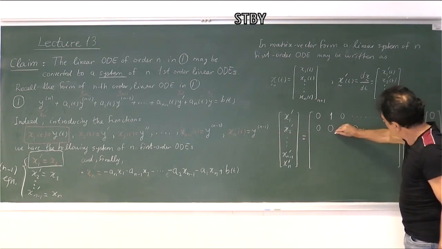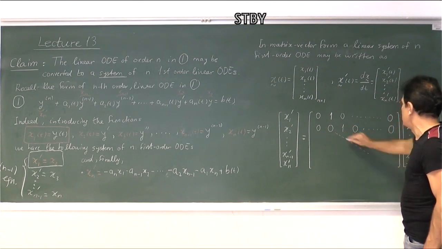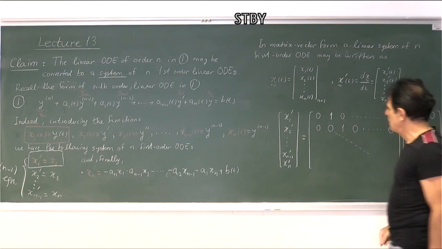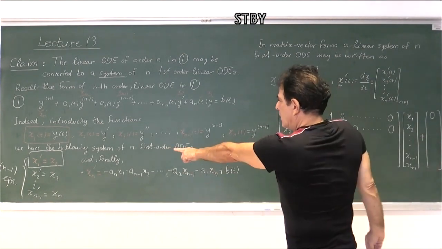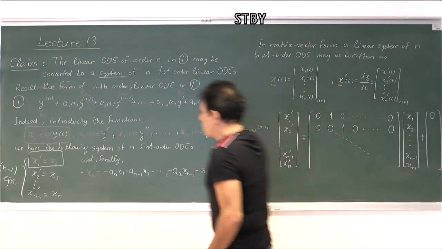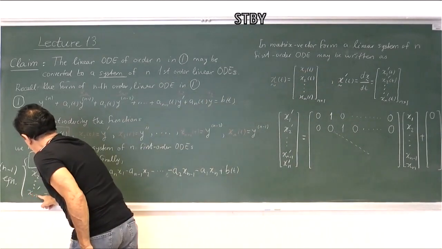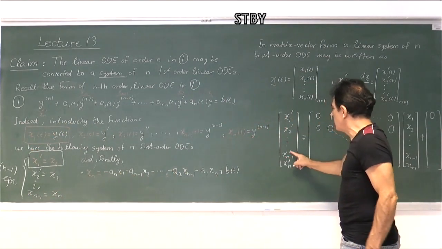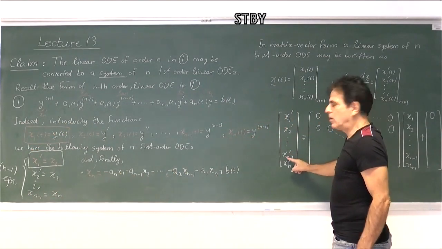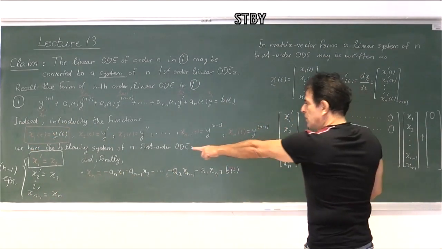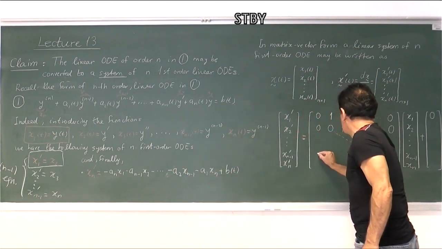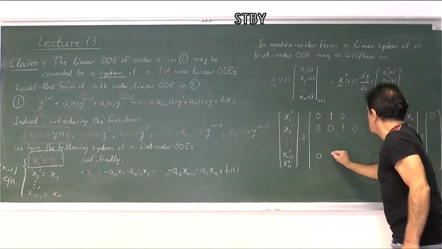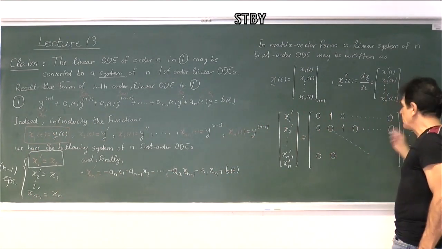Good. This is the diagonal term on the main diagonal of the matrix. Now, look at the n minus first equation of the system. The derivative of x_{n-1} must be x_n.